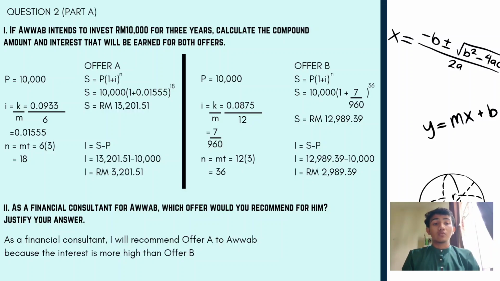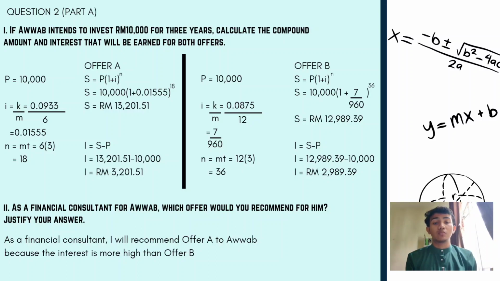To find I, we must use K divided by M, 0.0933 over 6, and the number for I is 0.01555. And N, we must multiply M by T. 6 multiplied by 3 will be 18.